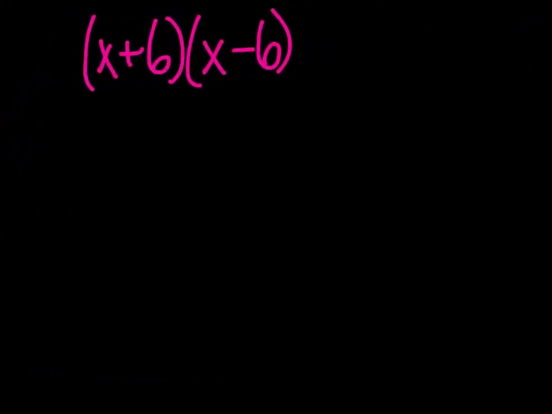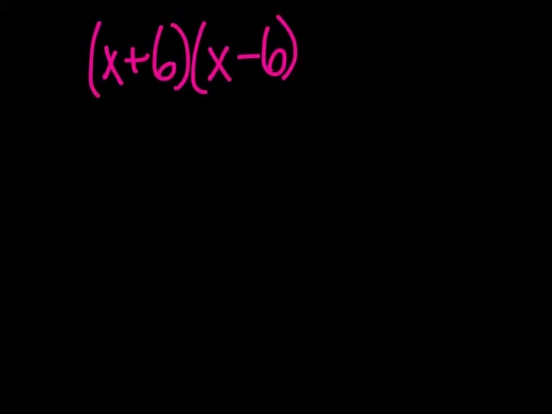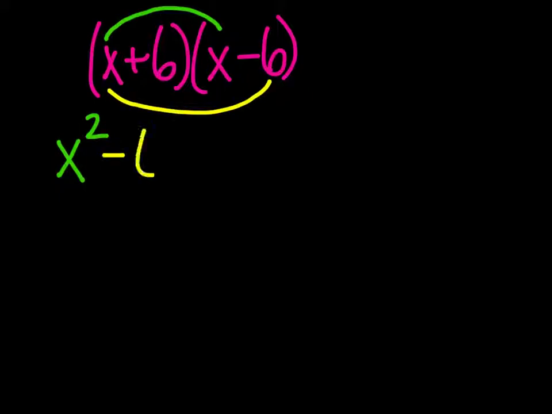So let's practice one problem so we can see how this works. Here's our practice problem. We have x plus 6 times x minus 6. Let's do our FOIL. So first term, x times x is x squared. Our outside term, x times a negative 6, negative 6x. Our inside term, 6 times x, is positive 6x.